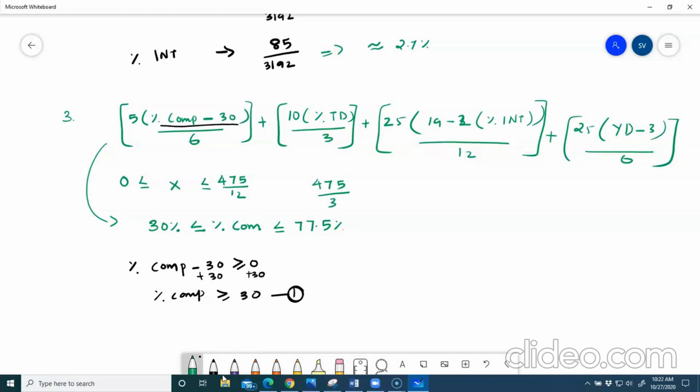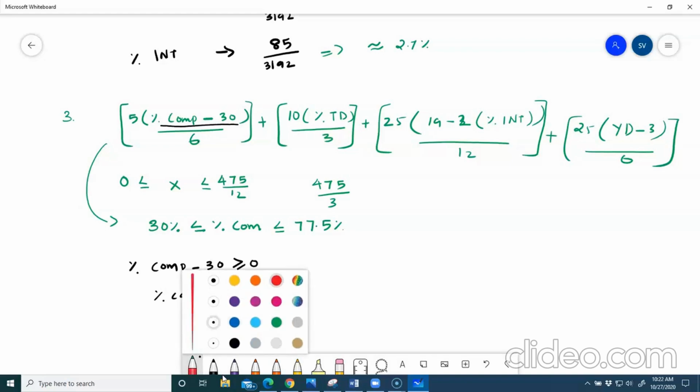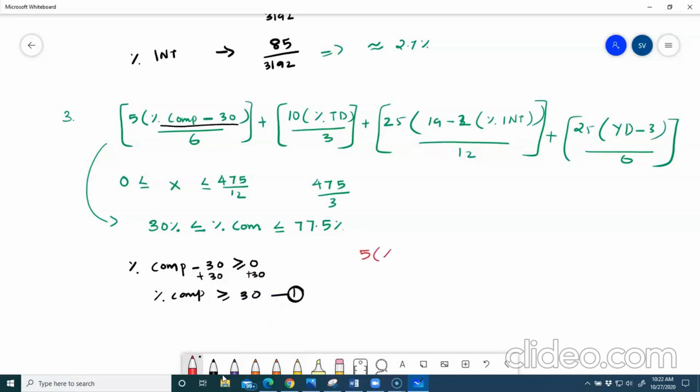Let me try to use a different one. I'm considering 5 times percentage of completion minus 30, over 6. Now we are considering the upper limit. What is the condition? That should be less than or equal to 475 over 12.